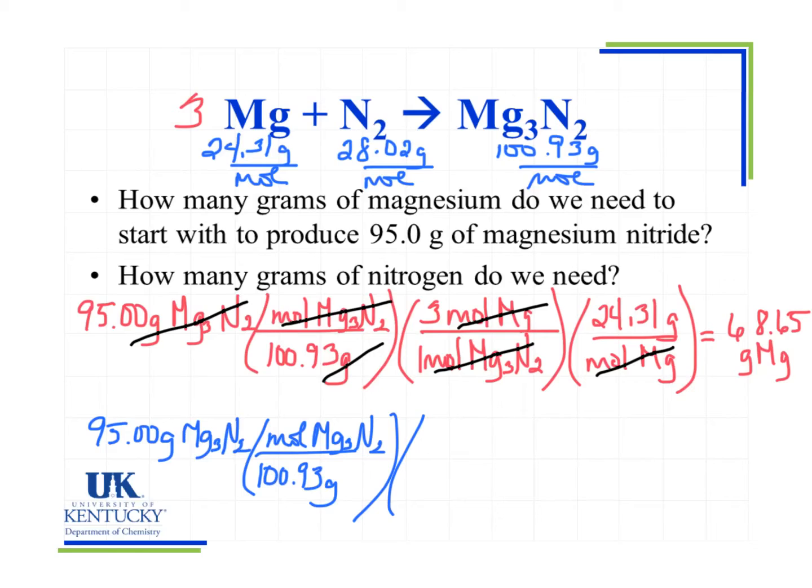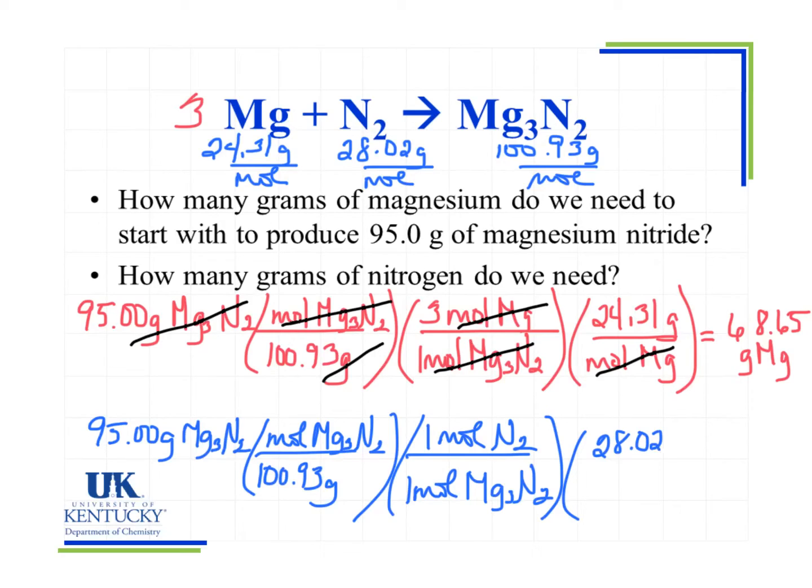And now again I have to have a molar ratio. This time it's 1 mole of magnesium nitride to 1 mole of nitrogen. And then I'm going to use my molar mass of nitrogen, which is 28.02 grams per mole of nitrogen.